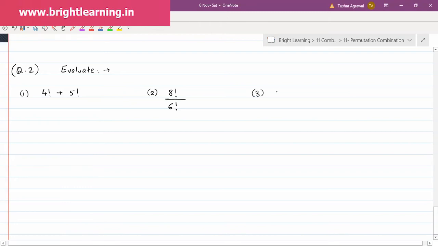Third, 125 factorial upon 124 factorial.